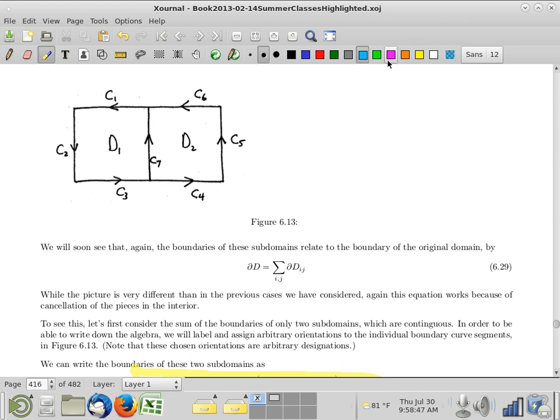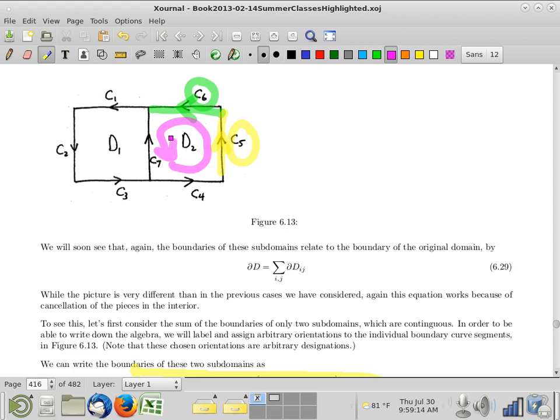In particular, note that each one of these edges I gave a name. Each one of these edges I assigned an arbitrary orientation just to be able to talk about it. So let's think about, in this piece, for example, going counterclockwise around the boundary of D2. Let's think through what is the boundary of D2 with these names, with those specific orientations.